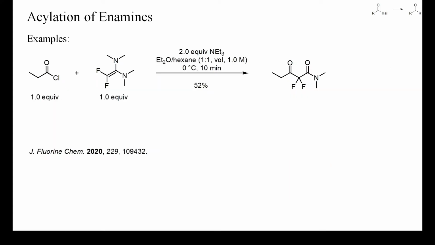This newer example is actually the acylation of a ketene aminal, that is, of an amide enolate equivalent. Despite the electron withdrawing effect of the fluorine atoms, the CC double bond was still nucleophilic enough to react with propionyl chloride without the need of any catalyst.